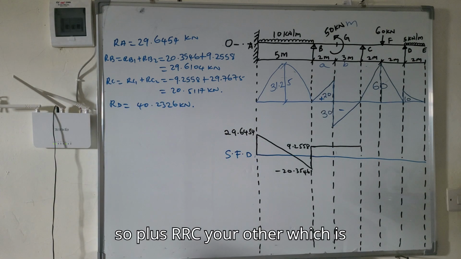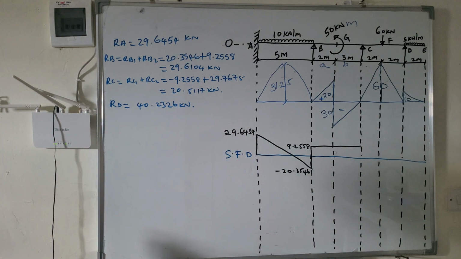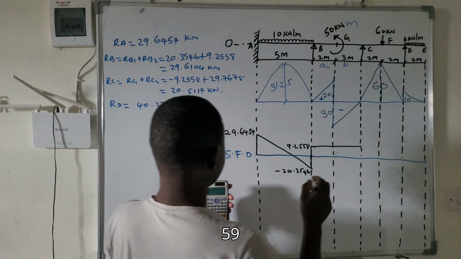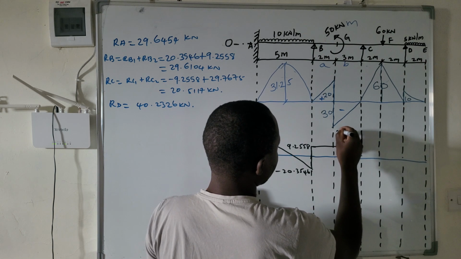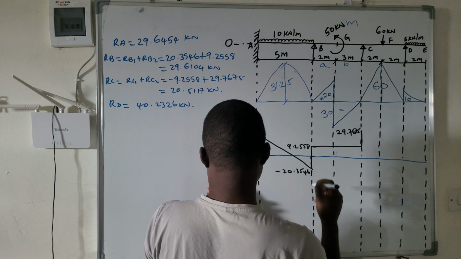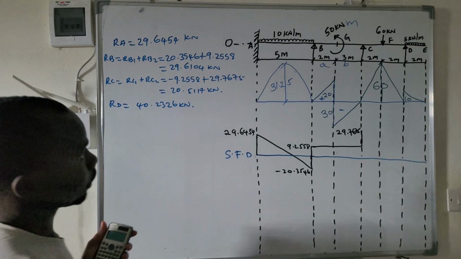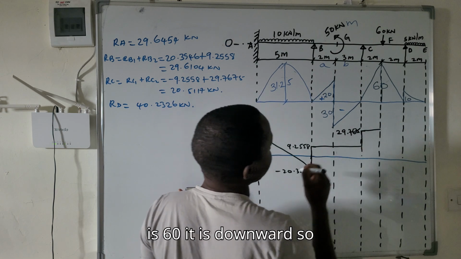So plus RC, your answer, which is 9.2558, plus RC, which is 20.5117, so the answer is 29.7675. And then it will be constant up to the next loading, which is 60.